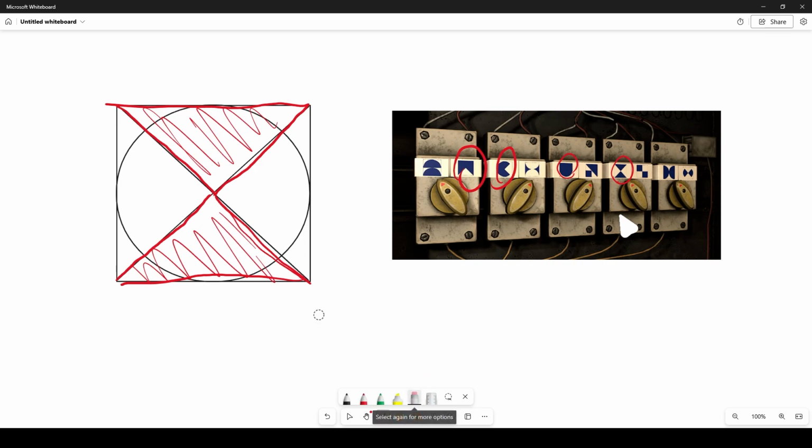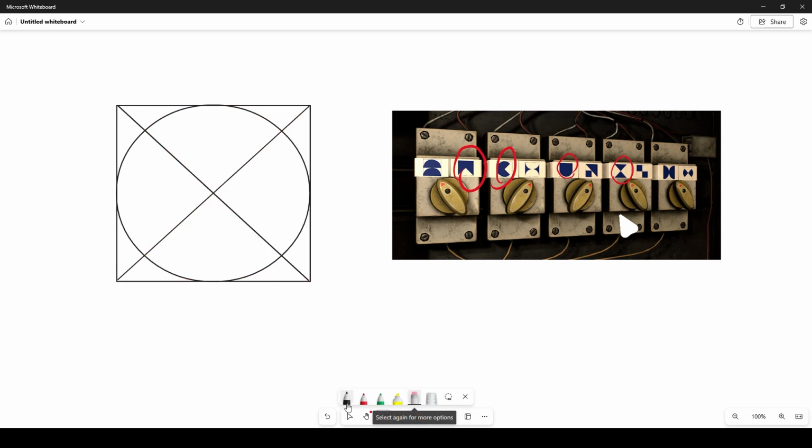And as far as the last switch is concerned, if you look at the first diagram of the fifth switch, it is a curve from the start like this. You can see that this is nowhere on the lines. Definitely it's not the right answer.